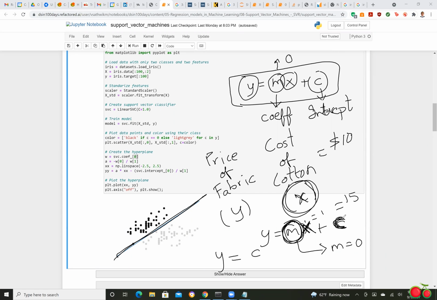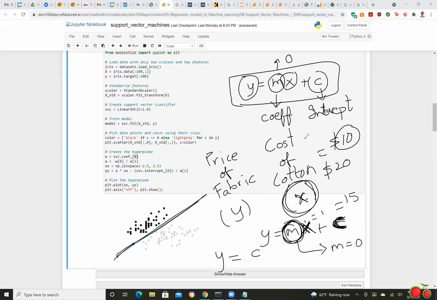Correct, because y is equal to c in that case. Now let's assume my cost of cotton went up and I am purchasing cotton for $20 per pound. What will be the price of my fabric now? It's still 15. Exactly, it will always be 15.